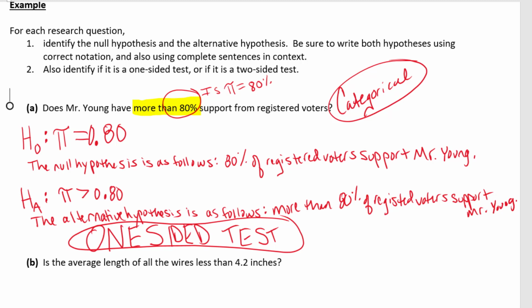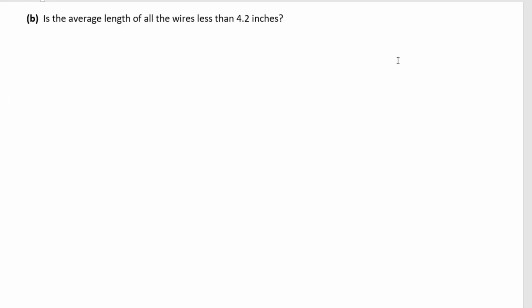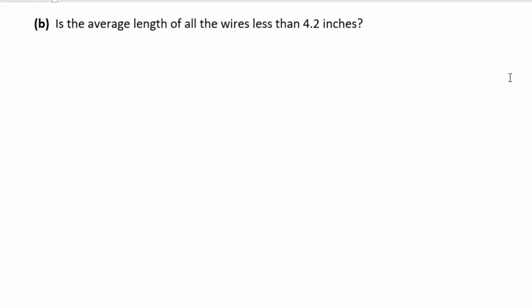Part B, the research question states, is the average length of all the wires less than 4.2 inches? So to write a null hypothesis, we start with H sub 0 colon. In this problem, we're asking about the population parameter mu. Mu is the population mean.